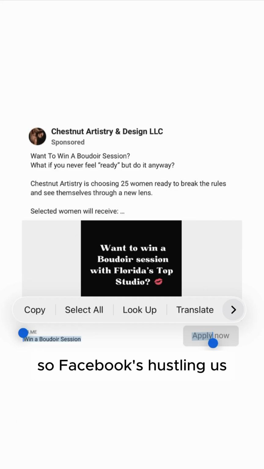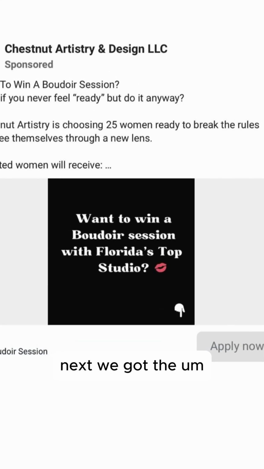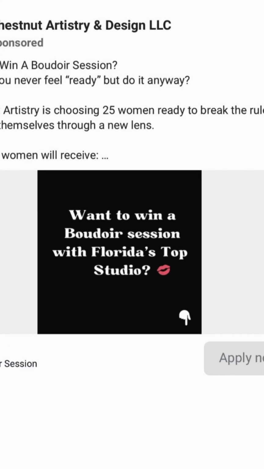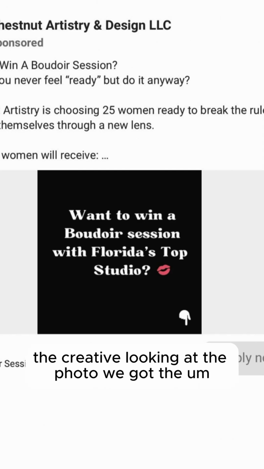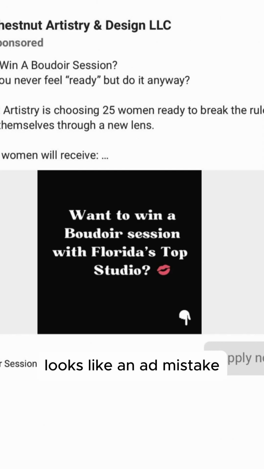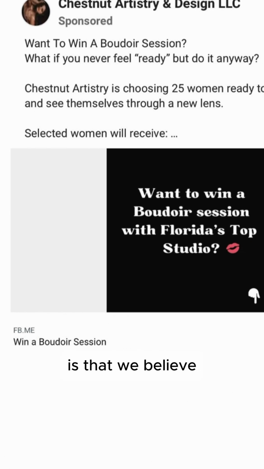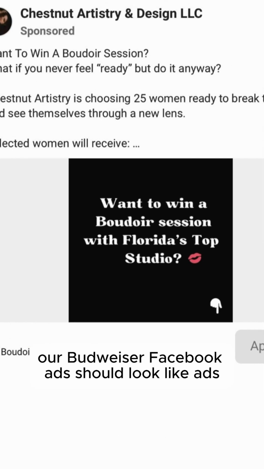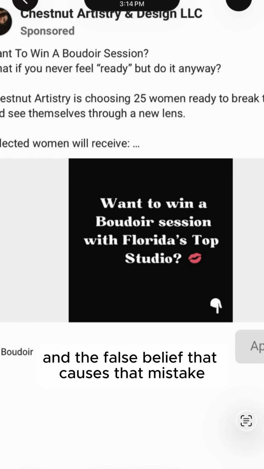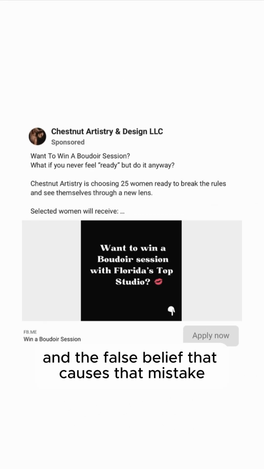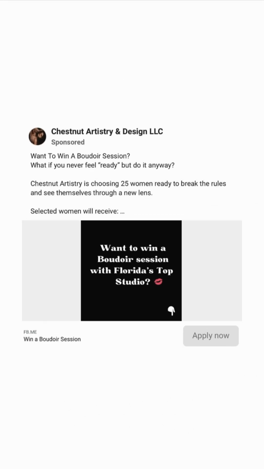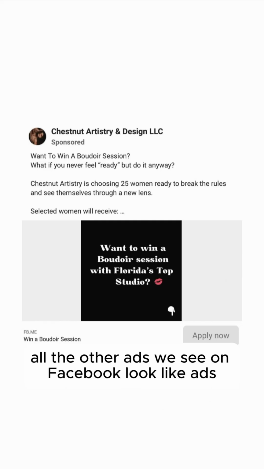So Facebook's hustling us. Next, we got the creative, looking at the photo. We got the looks like an ad mistake. The false belief that causes us to make this mistake is that we believe our Boudoir Facebook ads should look like ads. And the reason is that basically all the other ads we see on Facebook look like ads.